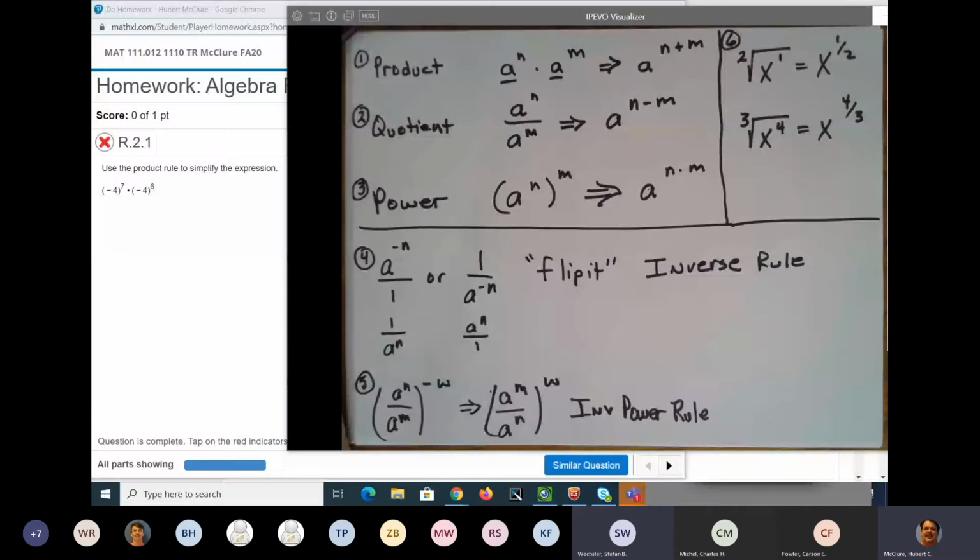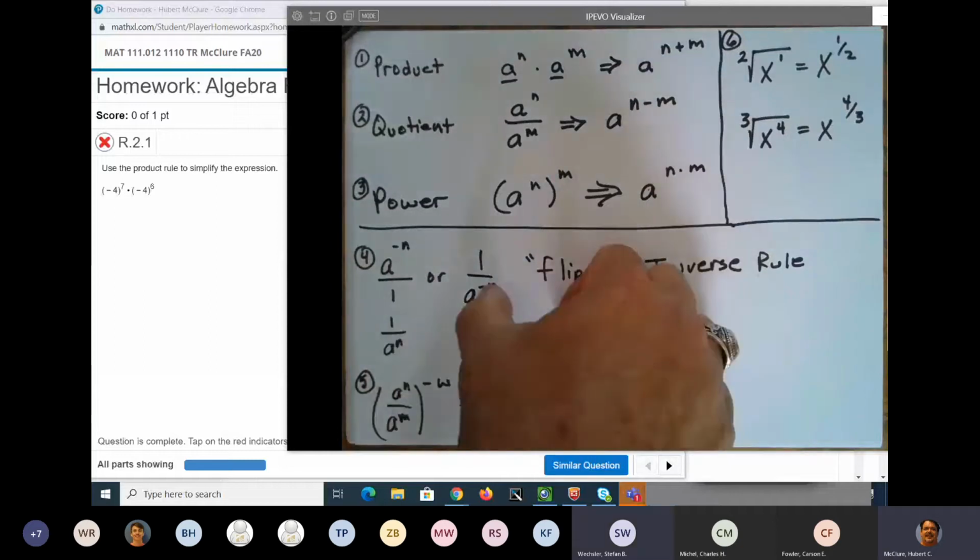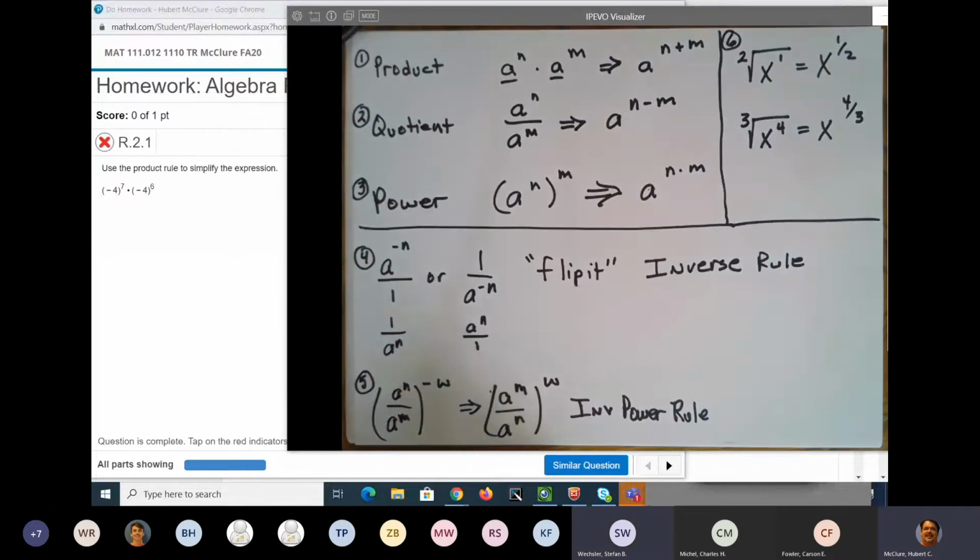No, sir. On the number 4, the inverse rule. When you have a to the negative n, it comes down and becomes positive. If you flip this, it becomes positive, but it's up in the numerator. Okay, I get what you're saying. The 1 does not do anything. It just takes a place value. Okay. Thank you.